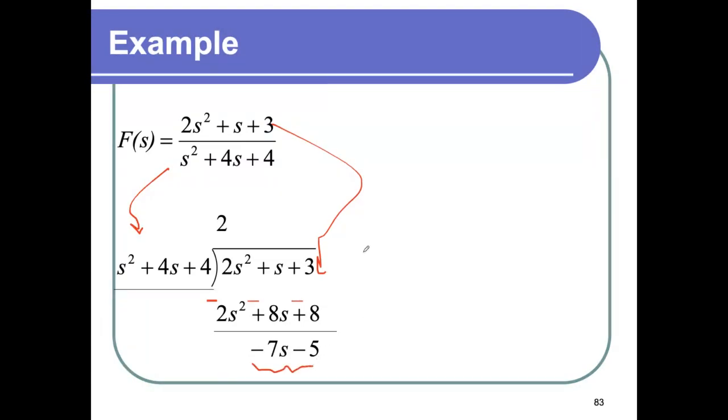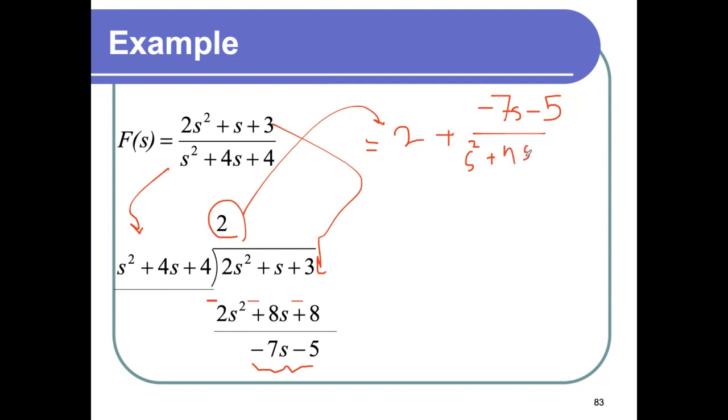So this is equal to what? I take this guy. So I have 2 plus minus 7s minus 5 over the same thing, s squared plus 4s plus 4.